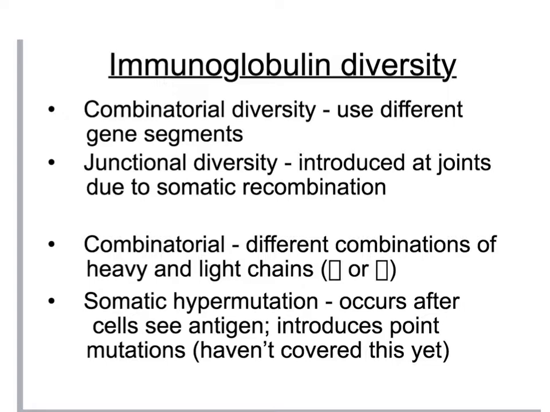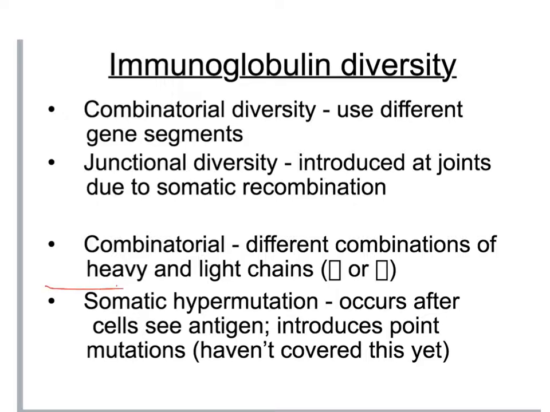So there's lots of ways to create diversity. We talked about combinatorial diversity, combining heavy with light, but there's two different lights, lambda and kappa. There's now junctional diversity, and that junction is based on TdT, when we're joining V with J regions or D with J regions. Separate completely from this, because we do love to make things even more fun, I'm going to make a line here.